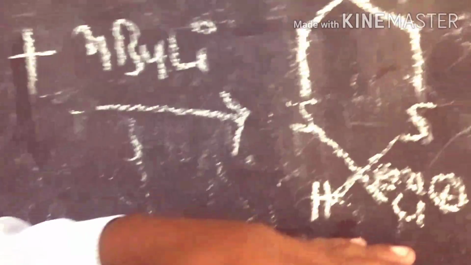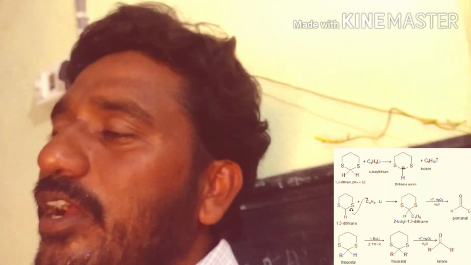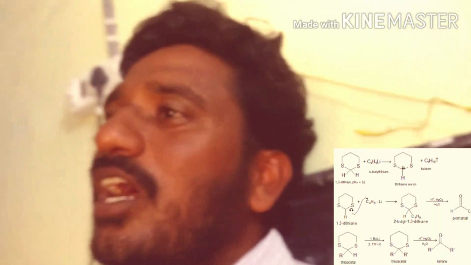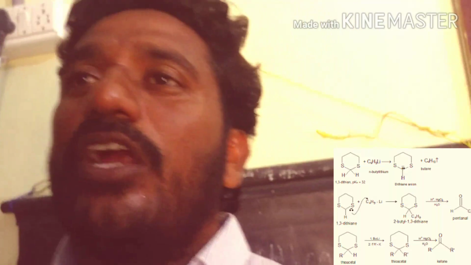Then we react it with RX, any one of the halogen compounds like CH3Cl or C2H5Cl, depending on which aldehyde we want to prepare, since we want substitution at the R position. For example, to prepare acetaldehyde we take methyl chloride as the reactant in place of RX.